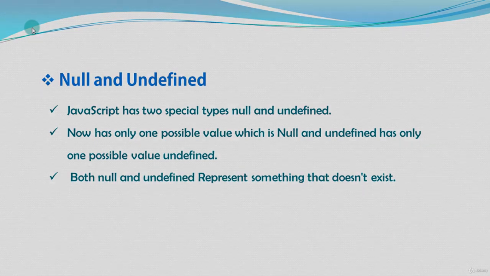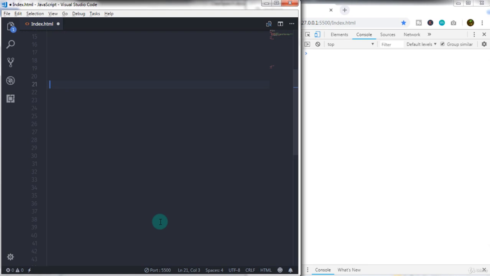So let's take an example. First we'll create let myValue and close this statement using a semicolon. If you print this statement, you will get undefined because it is the default value. Then we'll edit the statement and specify let myValue is equal to null.